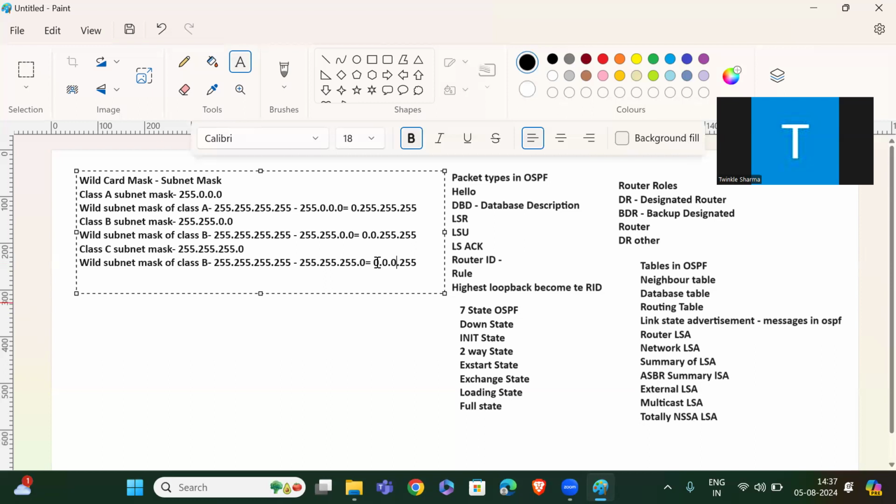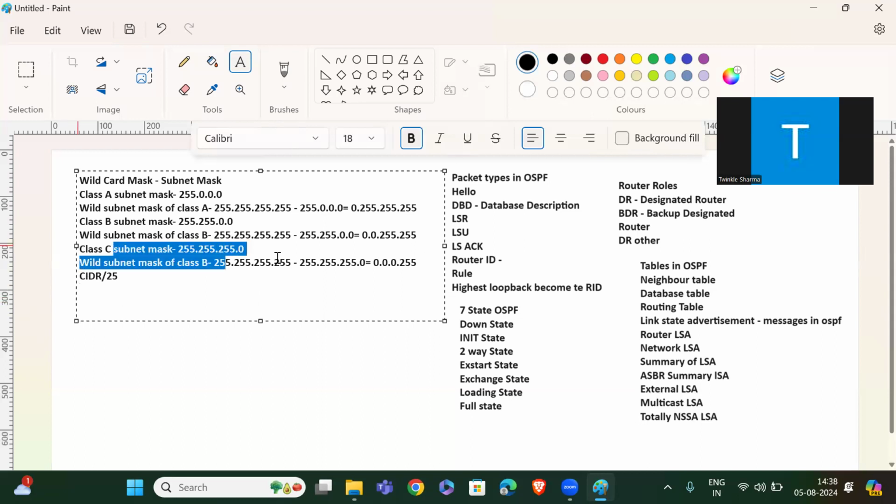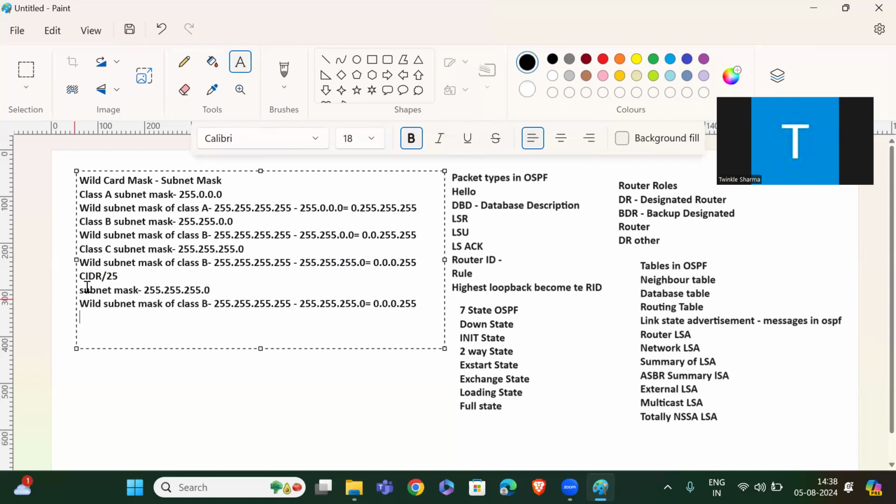Then if we have a CIDR, classless interdomain routing, /25, what is the subnet mask of this and the wildcard mask of this? You tell me.